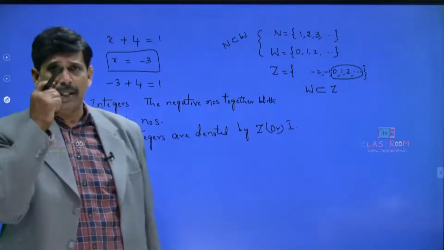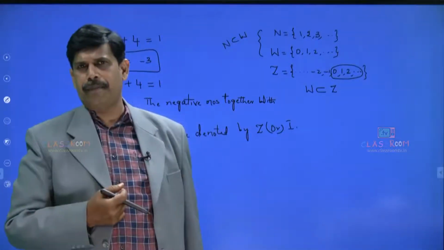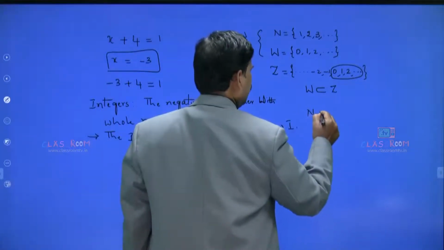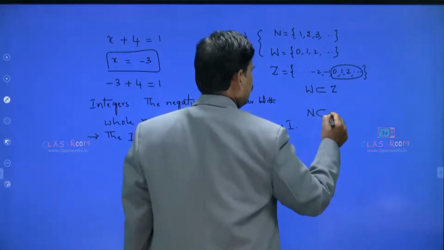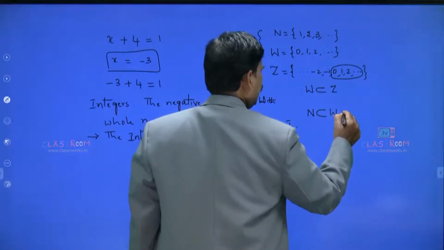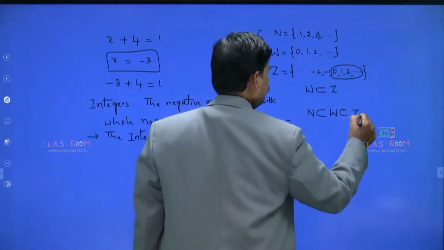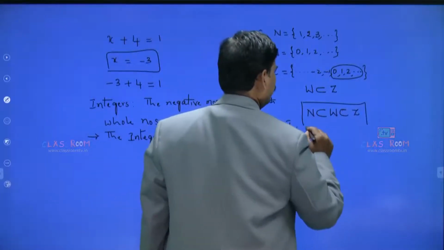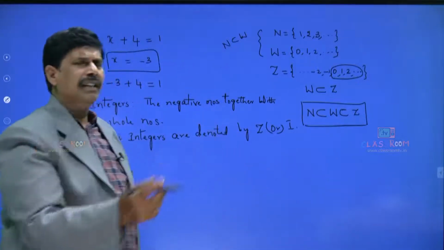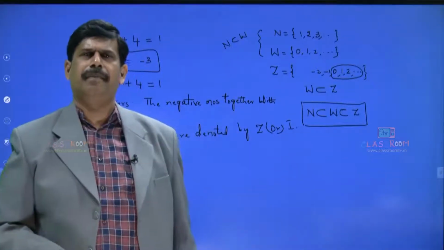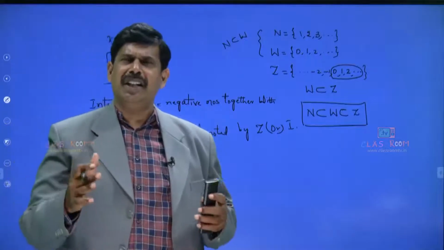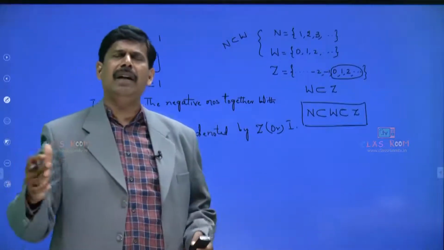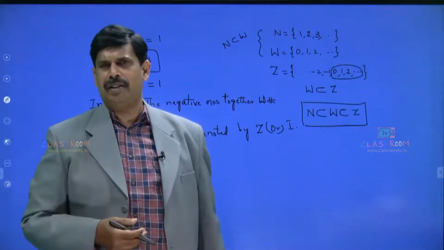From these two, what can you conclude? The natural numbers are a subset of whole numbers and whole numbers are a subset of integers. That indirectly means the natural numbers are a subset of integers. Integers means the negative numbers, 0 and positive numbers together.